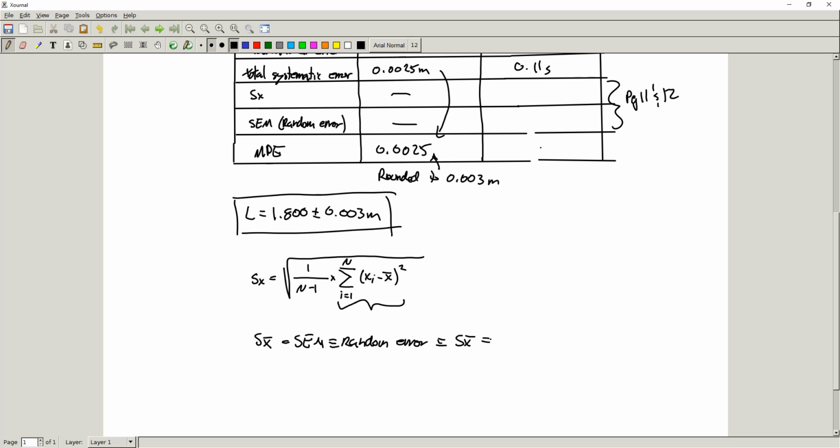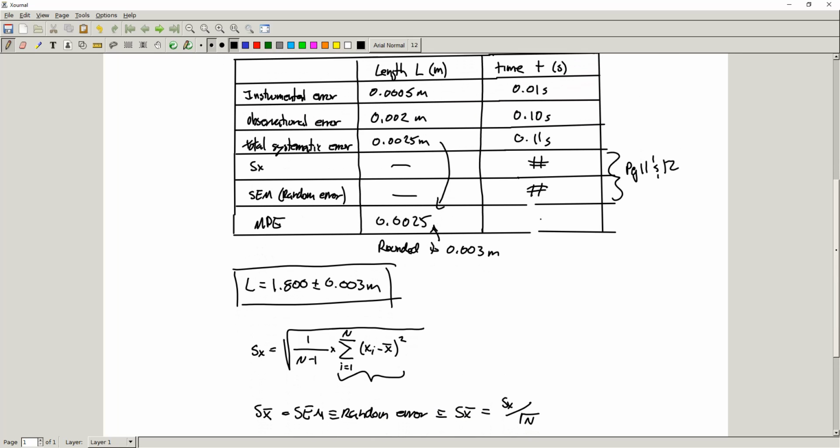The way you get your random error is you take your standard deviation and divide it by the square root of the number of trials. In this case, we would take our standard deviation that we calculated a second ago and divide it by the square root of 5, because we have 5 trials. That is your random error. So your random error is a number that goes in here, some number. This was a different number that went up in this standard deviation, right?